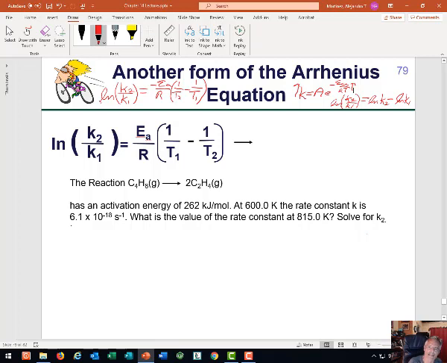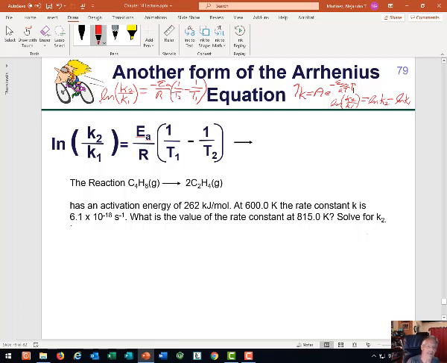All you're doing is taking the natural log of both sides and subtracting one from the other, and you get either of two versions of the equation. One version is the natural log of K2 over K1, the ratio of the rate constants, equal to the negative Ea over R times the difference between the inverse of the second temperature and the inverse of the first temperature.